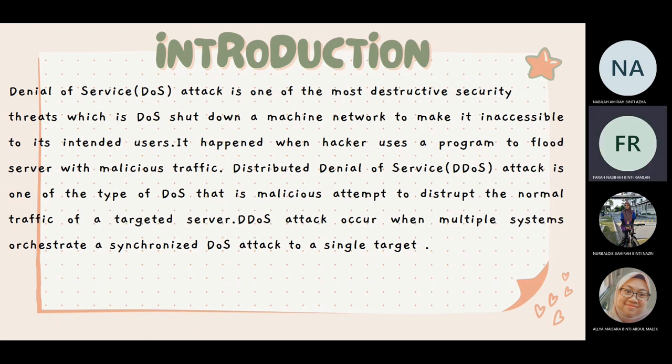It happens when hackers use a program to flood a server with malicious traffic. DDoS is a malicious attempt to disrupt the normal traffic of a targeted server. DDoS attack also occurs when multiple systems orchestrate a synchronized DoS attack to a single target.